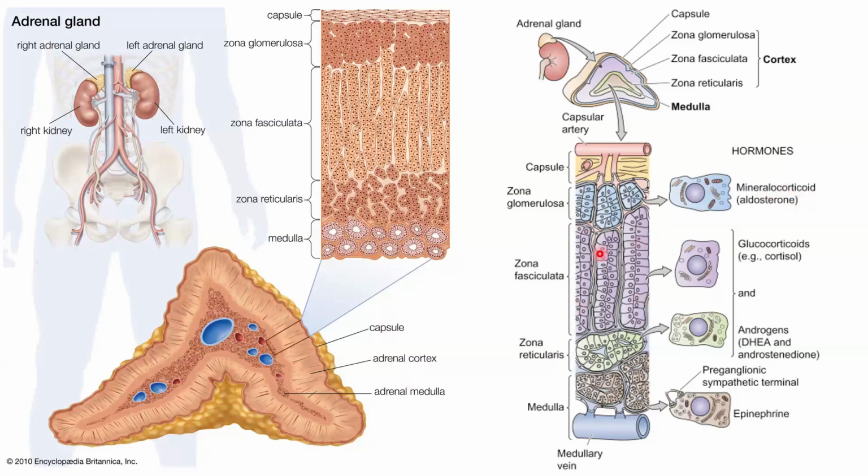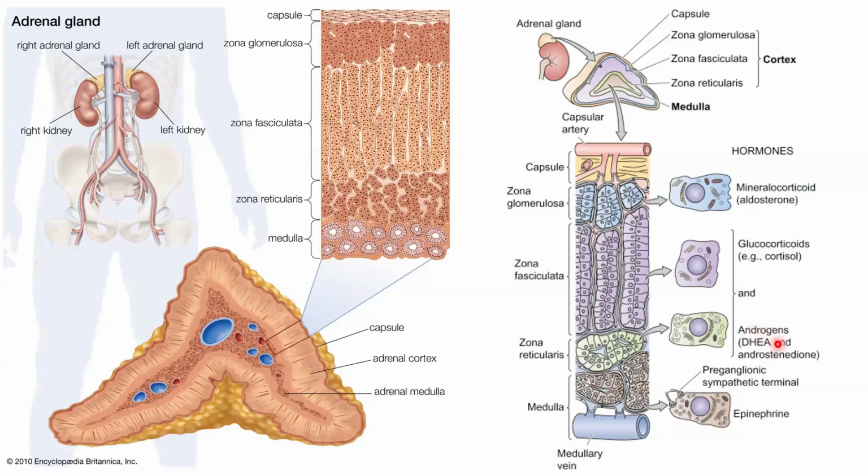The zona fasciculata produces glucocorticoids, and one of the glucocorticoids is cortisol. And the last one is the zona reticularis. Remember the cortex has three layers: glomerulosa, fasciculata, and reticularis. The reticularis produces androgens.